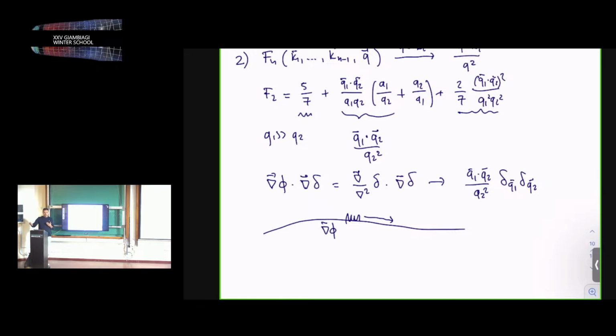They're going to be displaced by a certain amount proportional to the gradient phi, and this term here is just the leading order in perturbation theory term of this displacement.